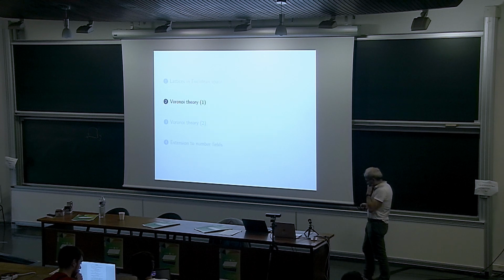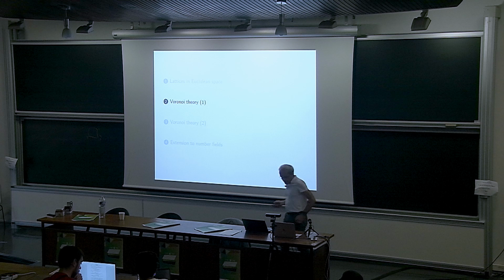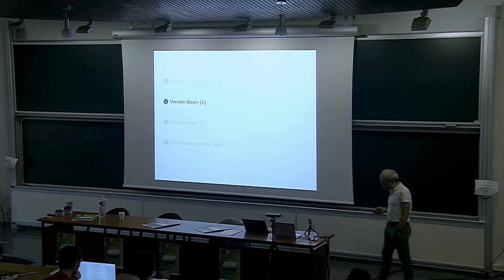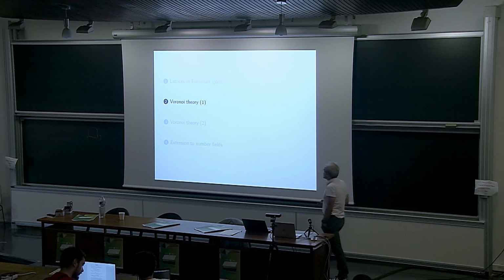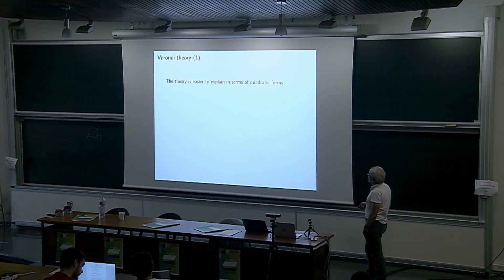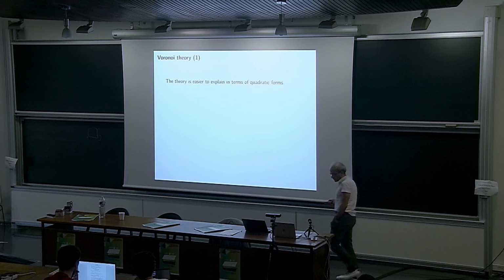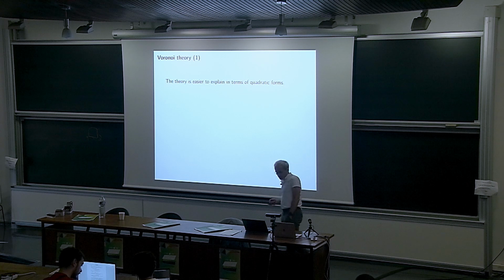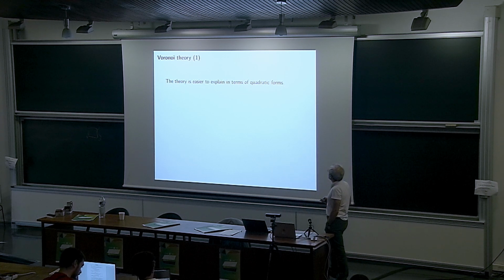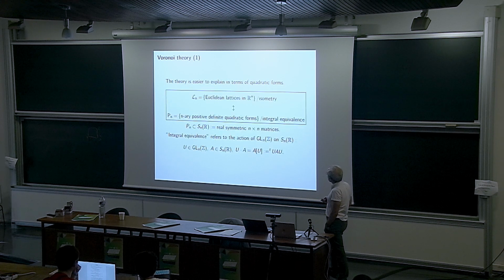Okay. So now I will explain Voronoi theory, which is a characterization of the local maxima of the density function I've just defined. It turns out that the theory is easier to explain in terms of quadratic forms. So far I mainly spoke about lattices, but I will switch to a different language.